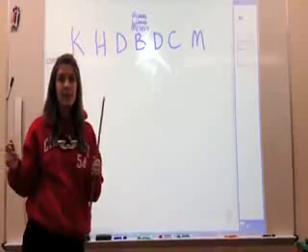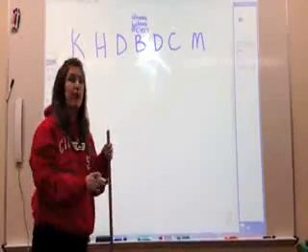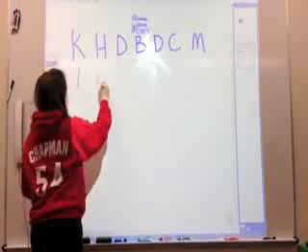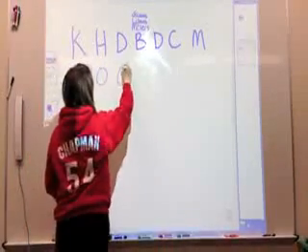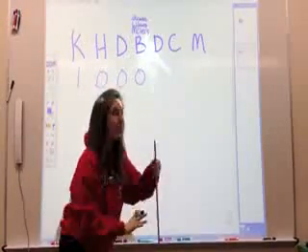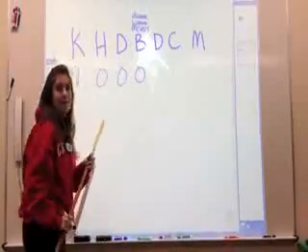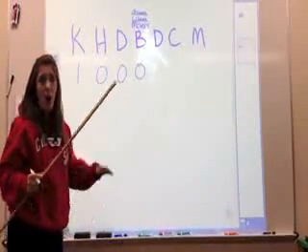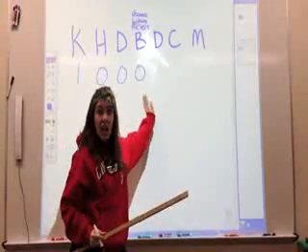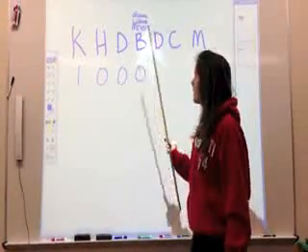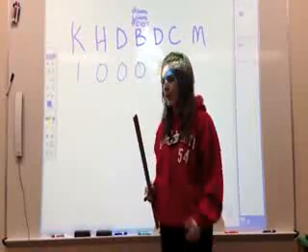We add zeros until we get to meters, because we're trying to figure out how many meters are in 1 kilometer. So we've got 0 here, 0 here, 0 here, and we stop because we've reached our meters. So how many meters are in 1 kilometer? 1,000. That's a lot. There are 1,000 meters in a kilometer. Cool beans, huh?